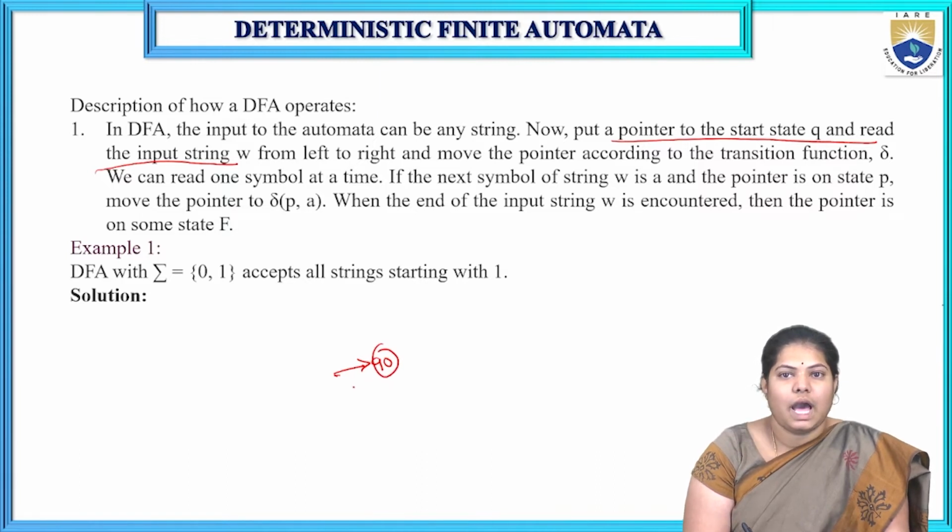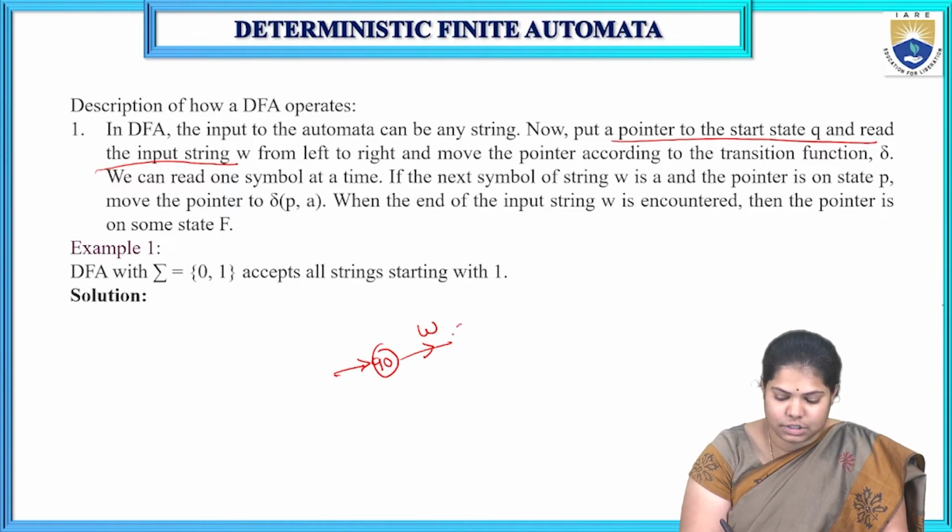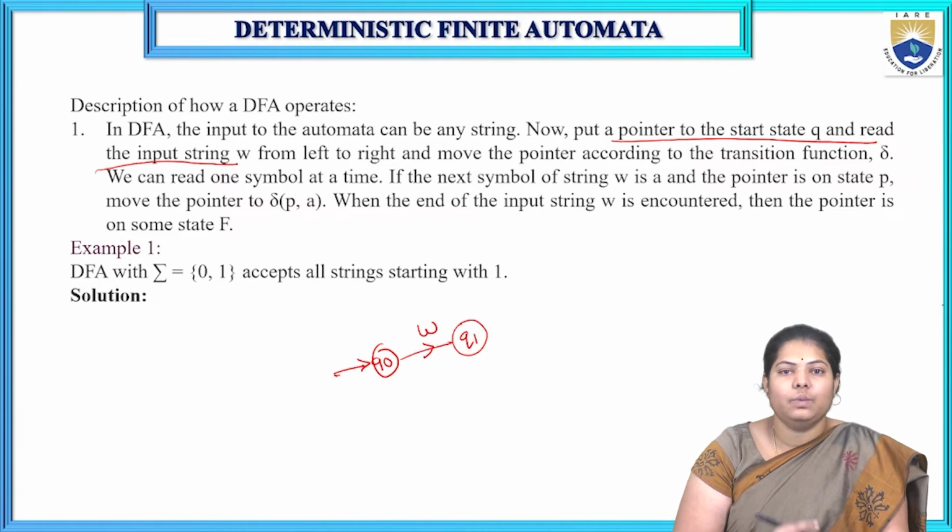By using an arrow with no source. Then it reads the input string W from left to right and moves the pointer according to the transition function. We can read only one symbol at a time.